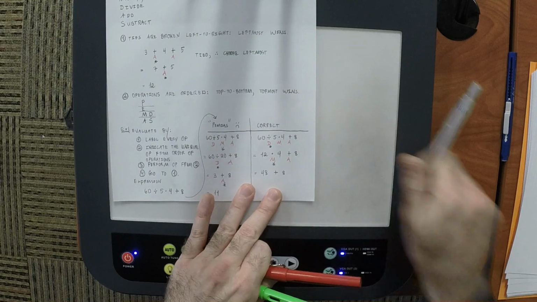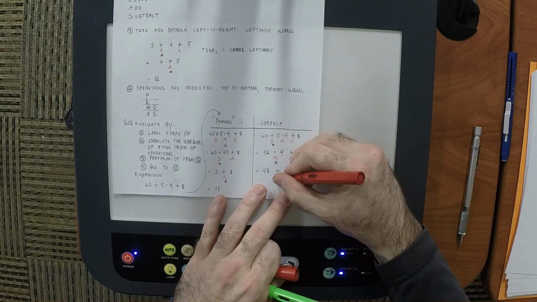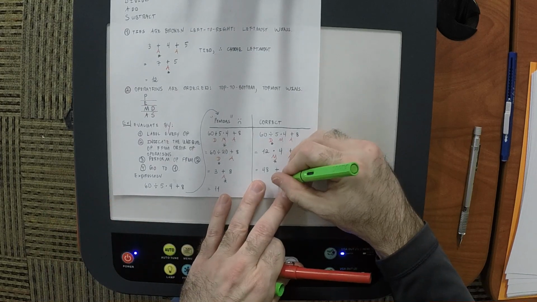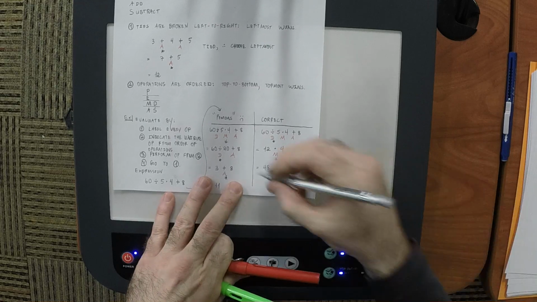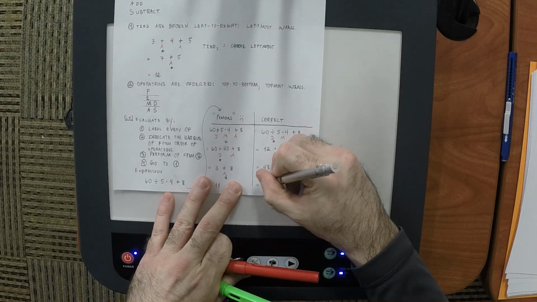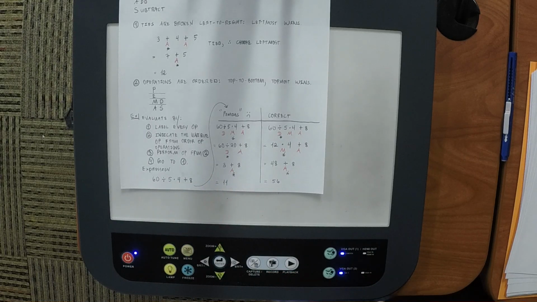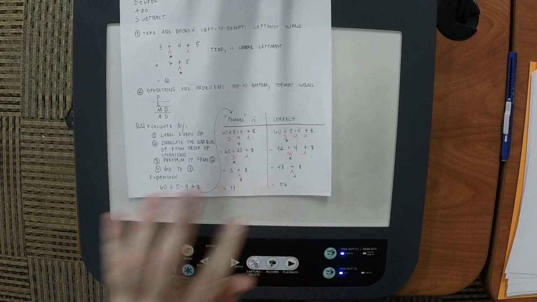Add 8. Label all of them. Which one do we select? The add. So 56.